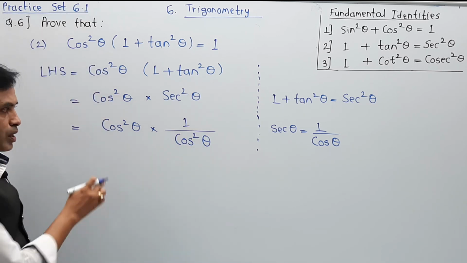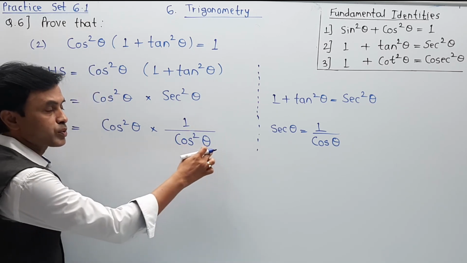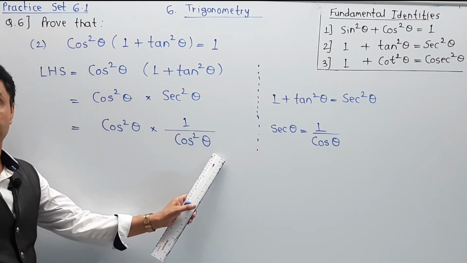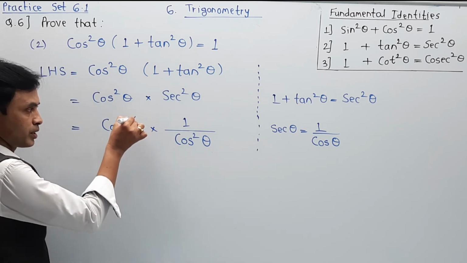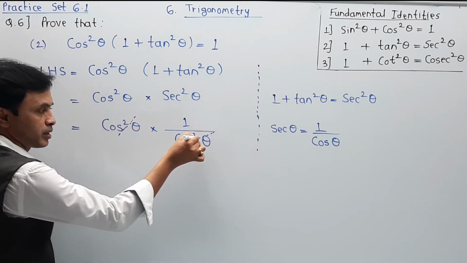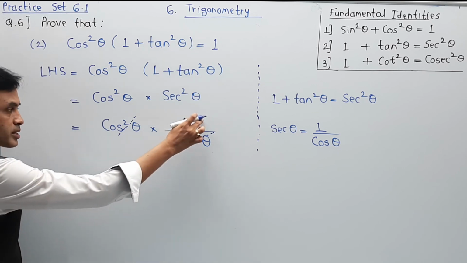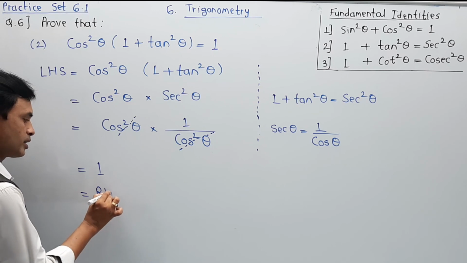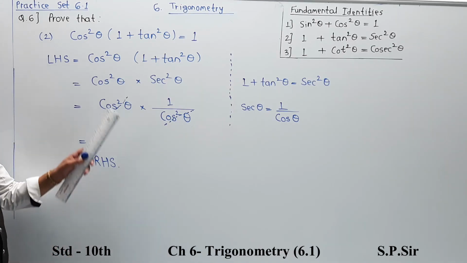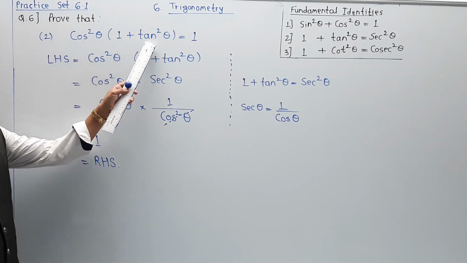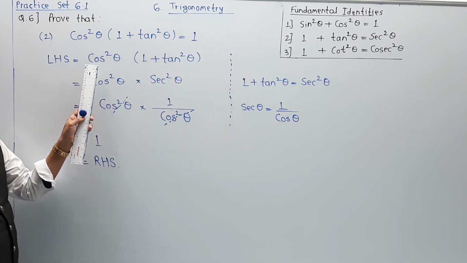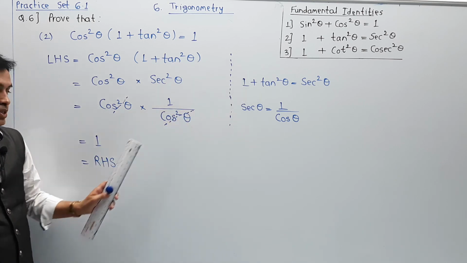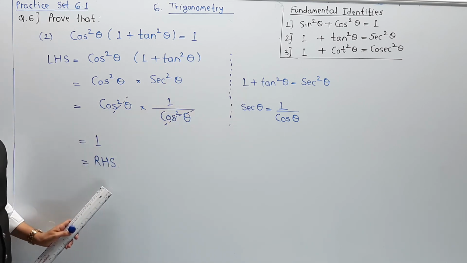Now cos square theta from the numerator and cos square theta from the denominator get cancelled, and your answer becomes 1, and that is nothing but your RHS, because we have to prove that cos square theta into bracket 1 plus tan square theta is equal to 1. So cos square theta into bracket 1 plus tan square theta, with the reasons explained, the answer is 1, equal to RHS.